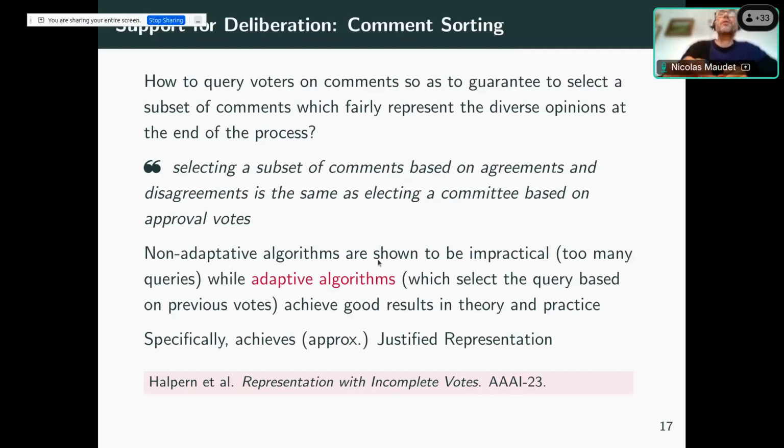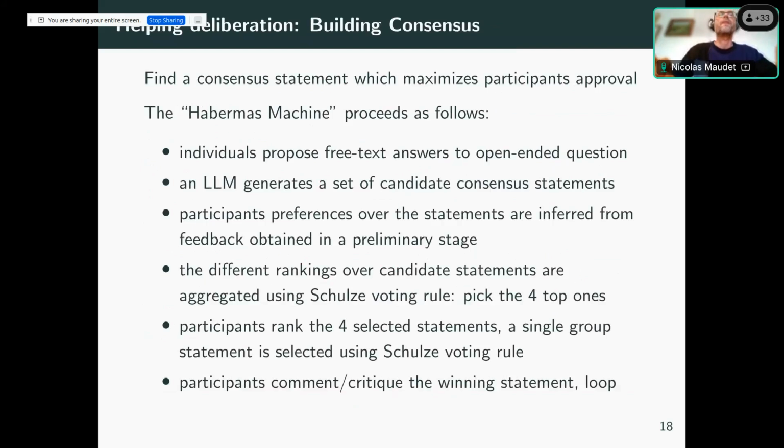Using that, you can achieve good results in theory and practice. In theory, it means that you can achieve the justified representation guarantee that I mentioned before. So you know that you will achieve some theoretically well-founded notion of representation. And in practice, they have some experiments with Reddit, if I remember correctly.